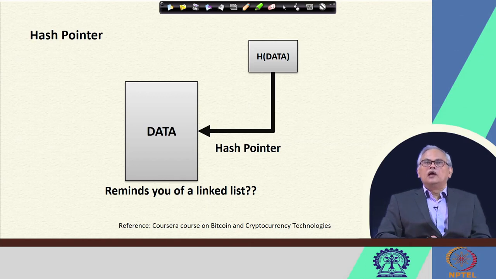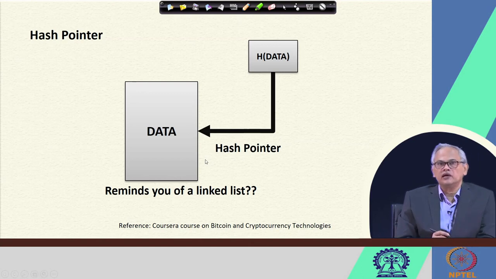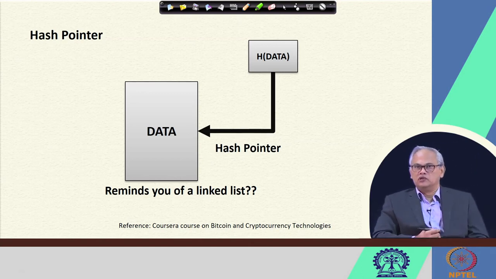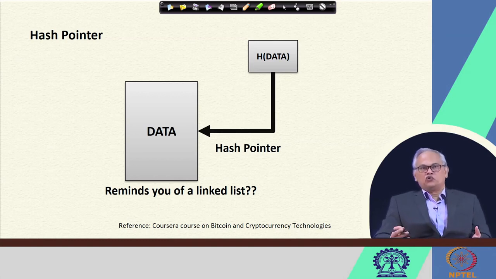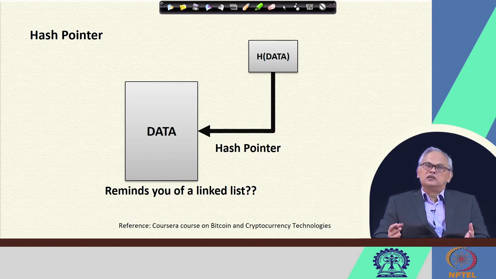So, if we have a pictorial description of a hash pointer, as we see, this is the hash pointer which points to the data, as we have already said, and also the hash of the data that is kept. So, this is what we talked about in our previous slide, and of course, that should be reminding you of a linked list that all of us have studied in the context of data structures and programming. So, it indeed is like a linked list.